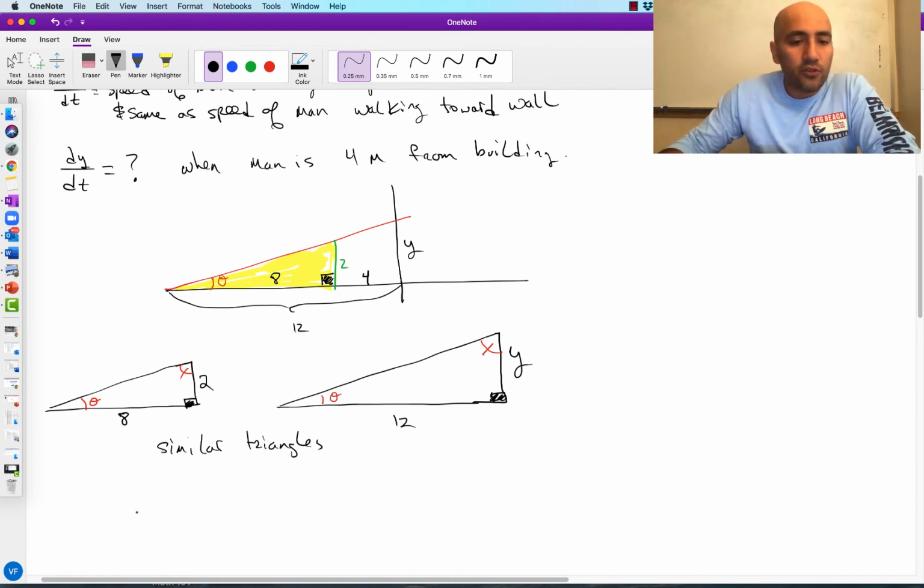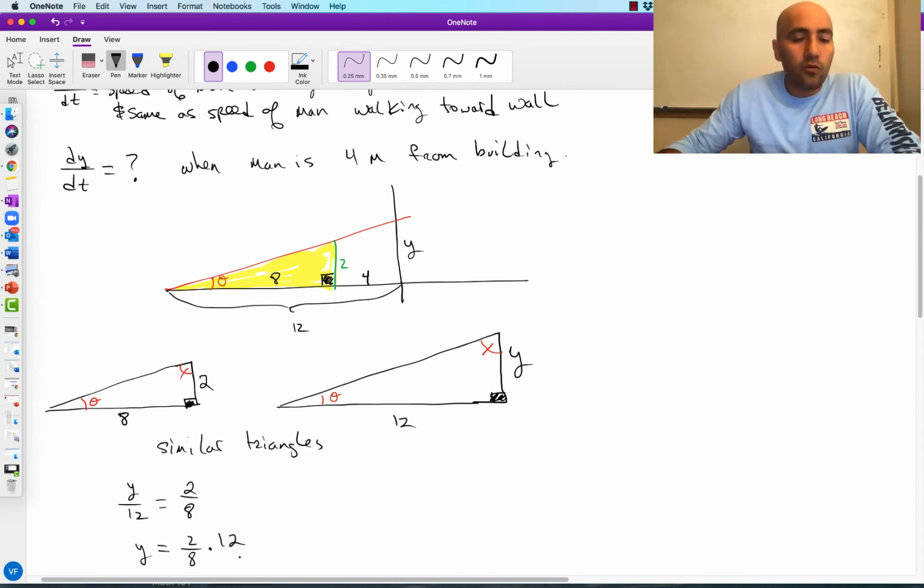Because they're similar triangles, we can establish that, for example, y divided by 12, this leg divided by that one, is equivalent to the ratio of this one divided by that one. Now, if we multiply both sides, we get that y is equal to 2 divided by 8 times 12.